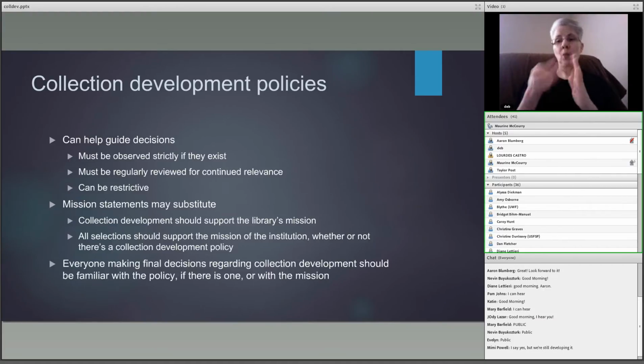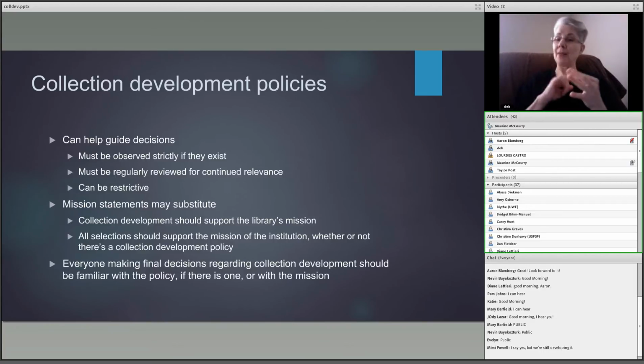You need to review it regularly to make sure it's still relevant and make changes to it in whatever process is necessary at your institution to make sure that it continues to be applicable to your situation. But collection development policies can be restrictive, and they can also in some ways restrict you more than you might want in your development of your collection.